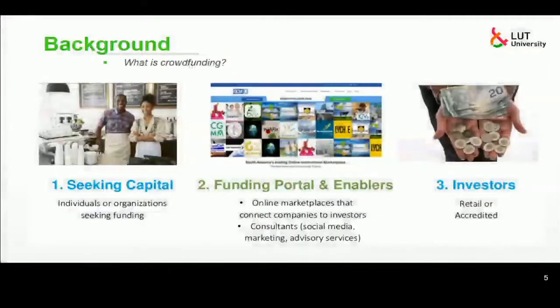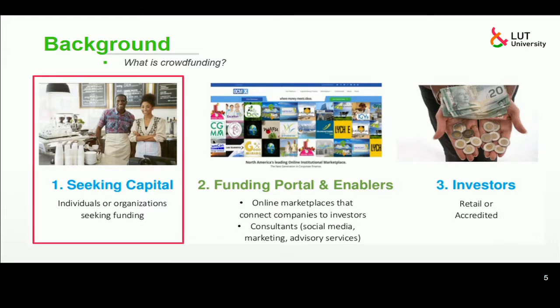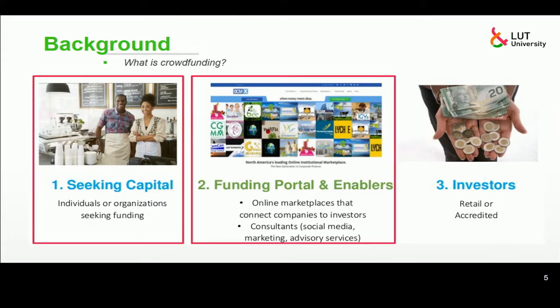So what is crowdfunding? This is a way of seeking funding for different projects using an online platform, and this money is collected from different investors who can be private and institutional investors.